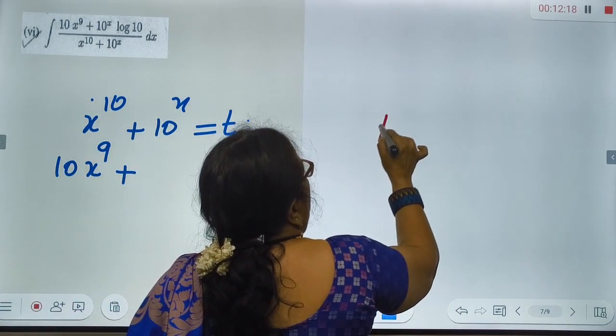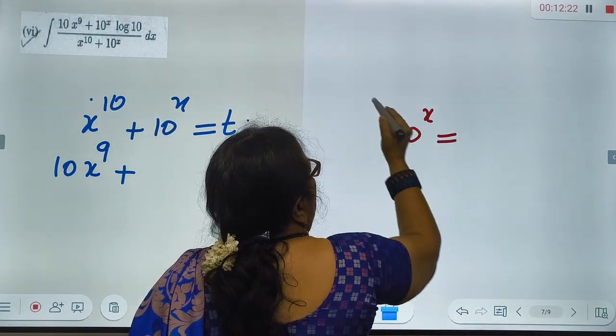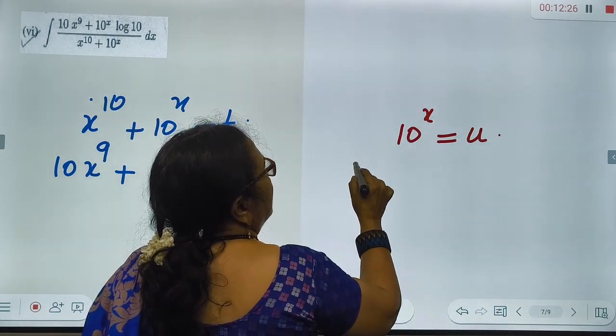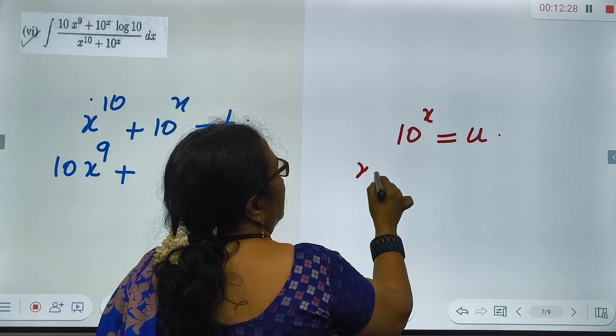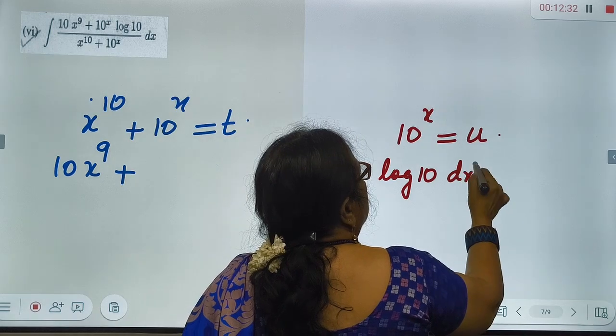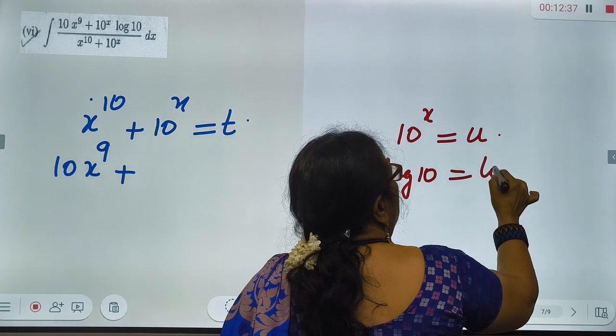If I write 10 power x equal to, let us say, some u, then taking log on both sides, x log 10 is equal to log u.